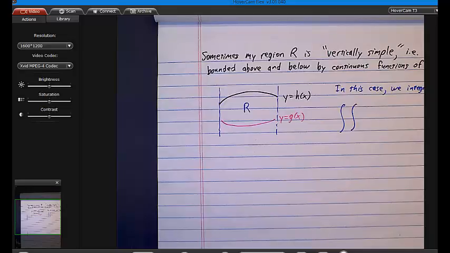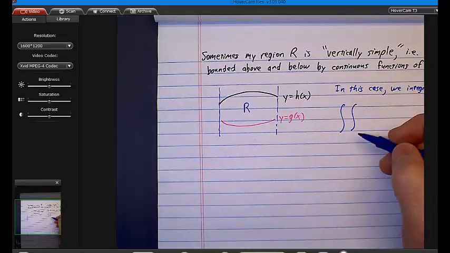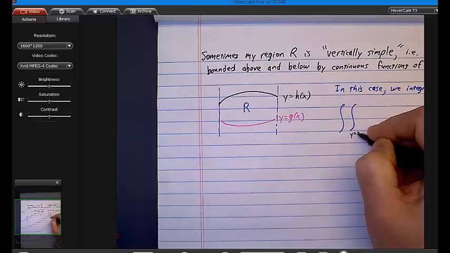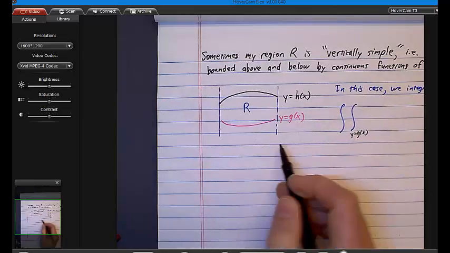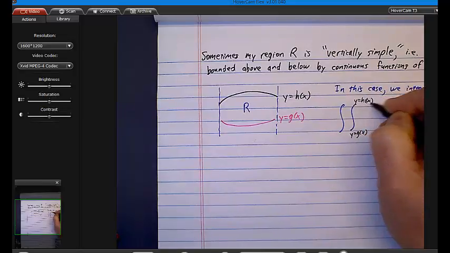What I like to tell people is, think about what the last thing you're going to do is: you want to go from a number to a number. What you want to do initially, on the inside, is go from a function to a function. So the inner integral here, we're going to put y equals g of x as the lower value and y equals h of x as the upper value.